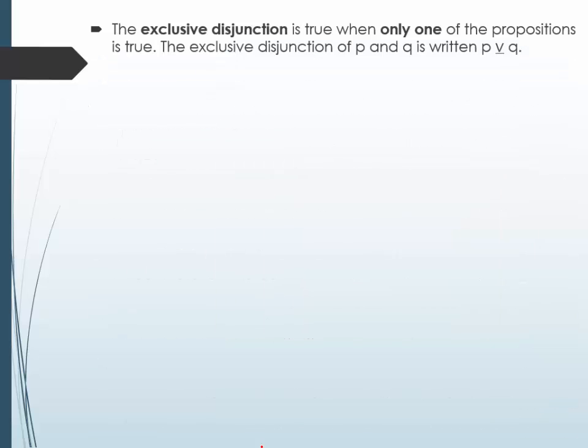Alright. Now there is another thing called the exclusive disjunction. Exclusive disjunction says it is only true when only one of the propositions is true.